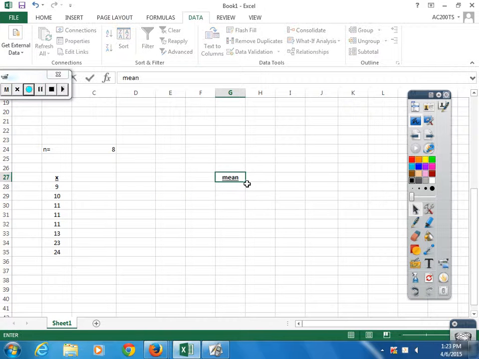Mean, median, mode, range, mid-range, variance, and standard deviation.